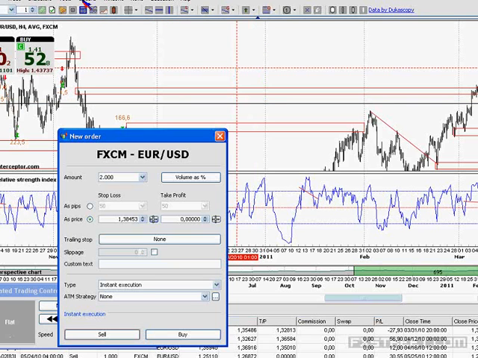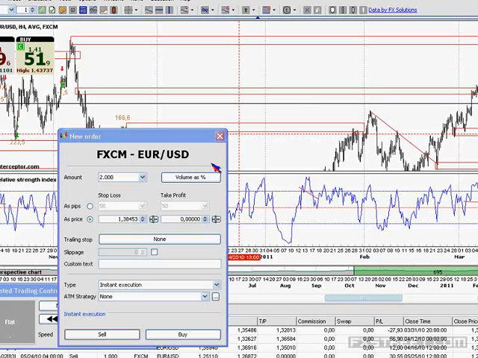Probably we can go as high as this high here on the chart. Okay, fine. We enter our position. Position is entered.